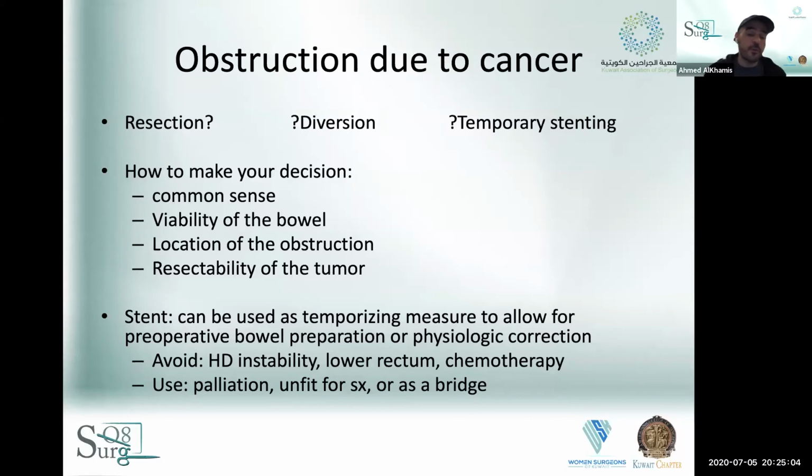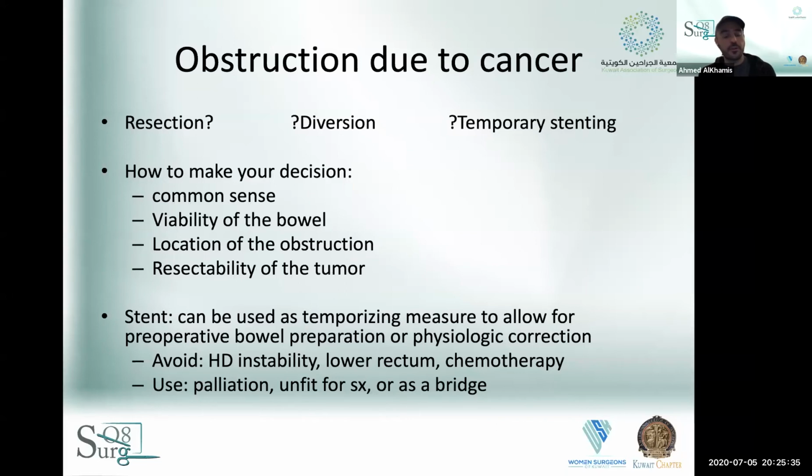A lot of the time it's just common sense. If you're going to go to the OR and resect, are you going to do an anastomosis or not? It's going to depend on the viability of the bowel. It's also going to depend on the location of the tumor or of the obstruction. For example, for stenting, which we'll discuss soon, you don't want to stent a low rectal cancer, because the stent is going to cause a lot of tenesmus and irritation and agitation and slippage and a lot of problems.